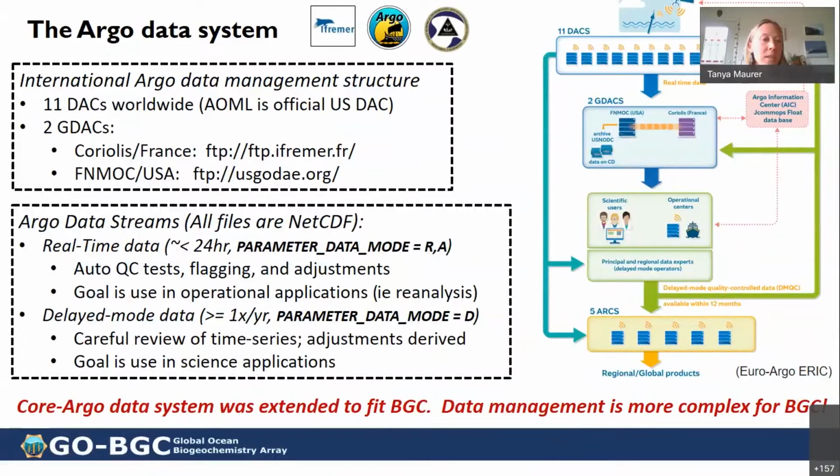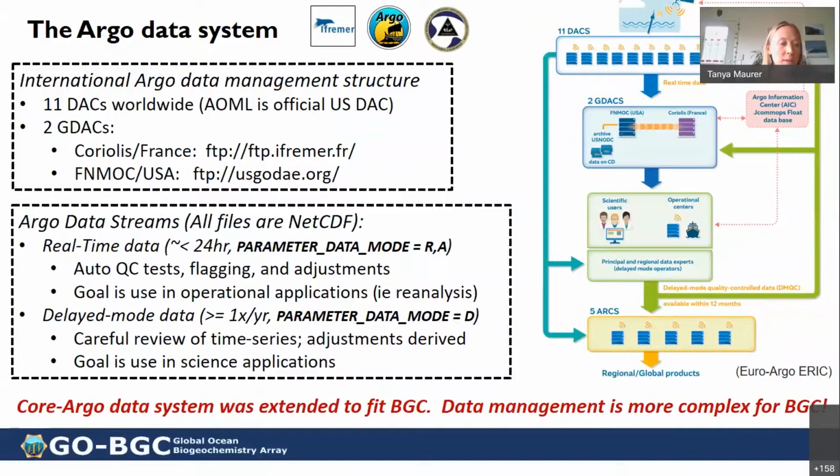The data comes in as two separate data streams. There's a real-time data stream where automated QC tests, flagging and adjustments get applied. And then for the highest quality data, there is the delayed mode data stream, where careful review of the time series is performed by data managers in comparison to reference, and adjustments are derived.